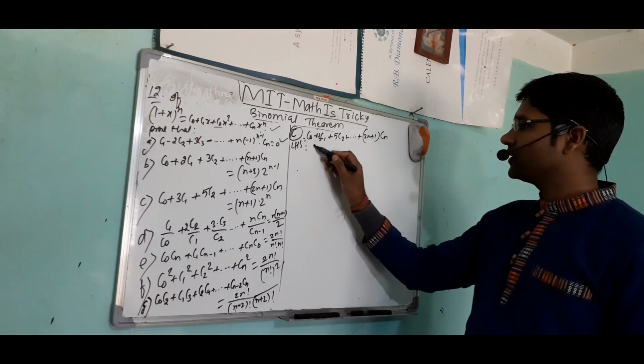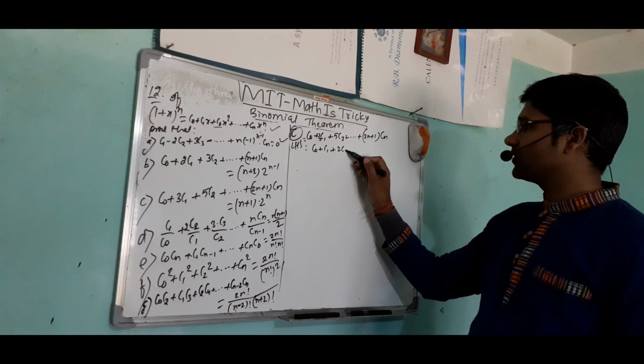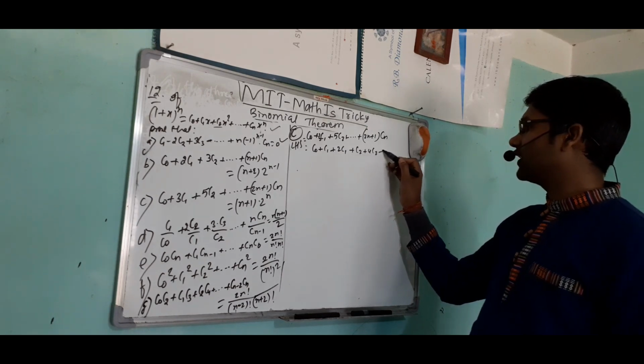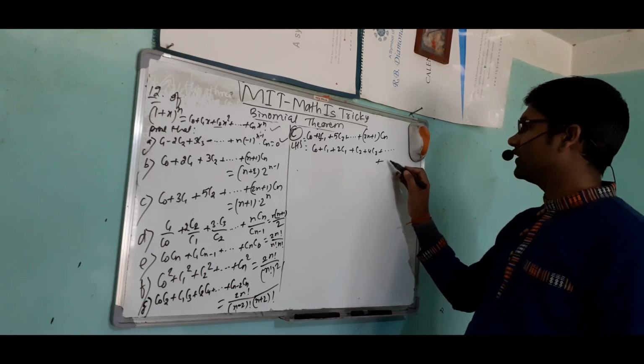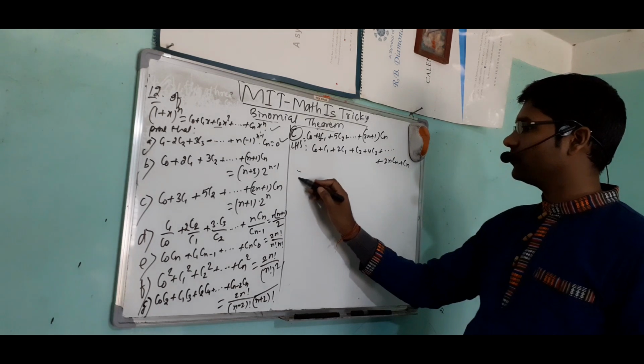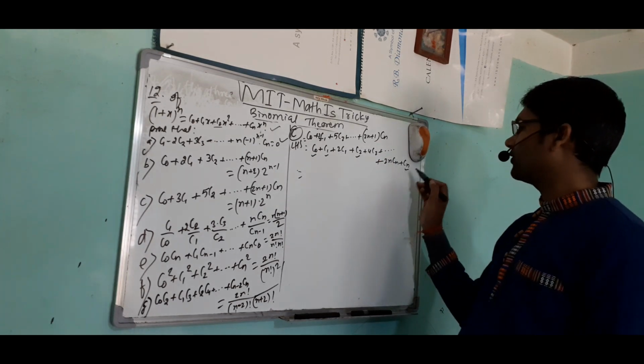LHS equals c0 plus c1 plus 2c1 plus c2 plus 4c2 and then dot dot dot and it is here 2n cn plus cn. So let's combine this 1 and this 2, then 3 and then 4, like this.